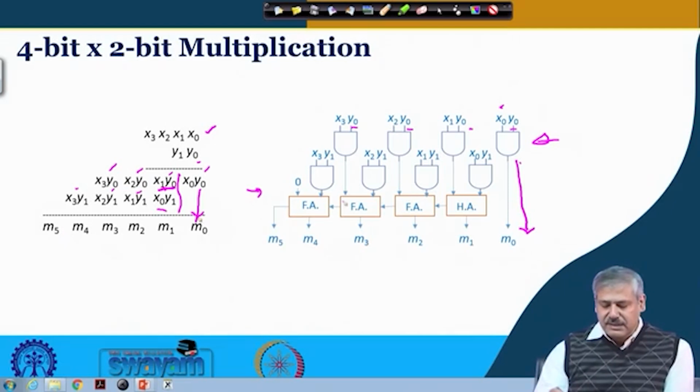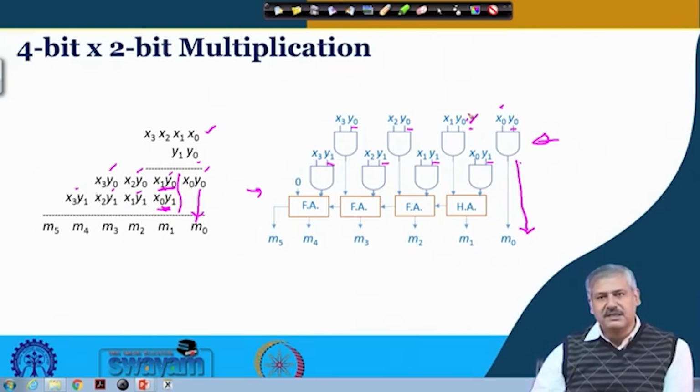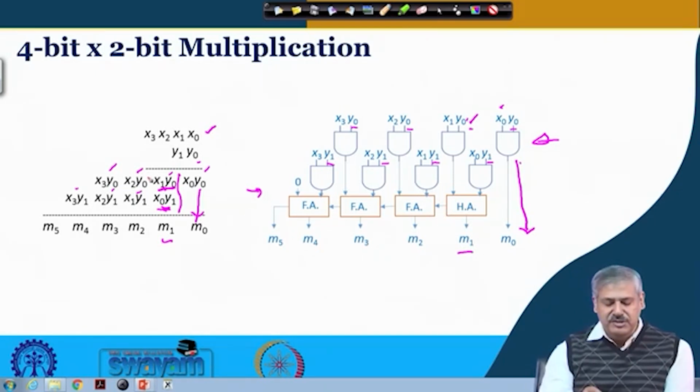In this next case you see all of them are y1, and this is x3 to x0. So, whatever is generated by this AND, x0 y1, needs to be added with x1 y0, and with that, whatever output is coming goes here as m1, and the carry will be fed to the next place, this x2 y0, x1 y1 addition.